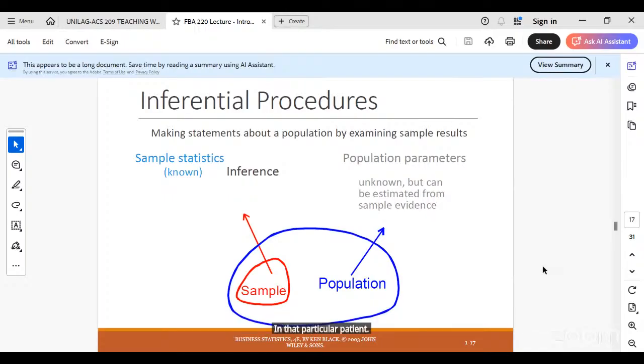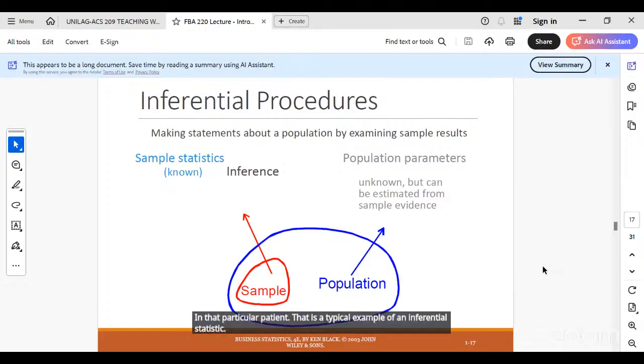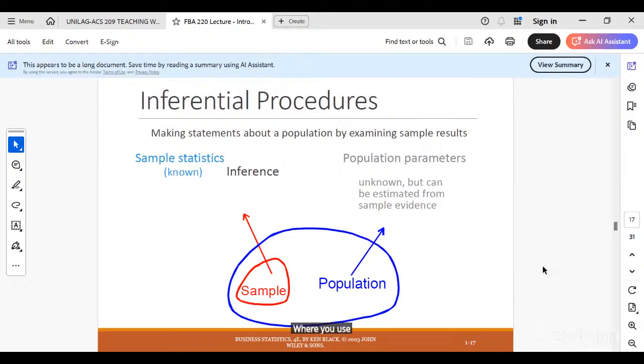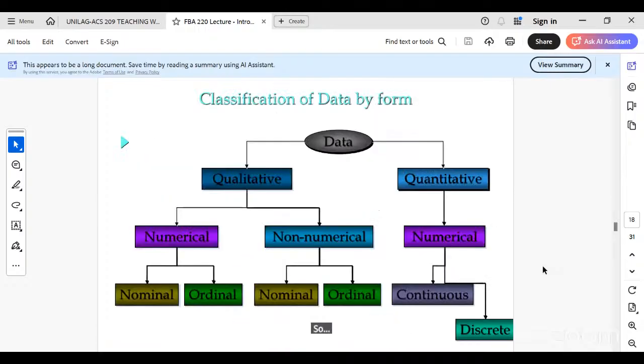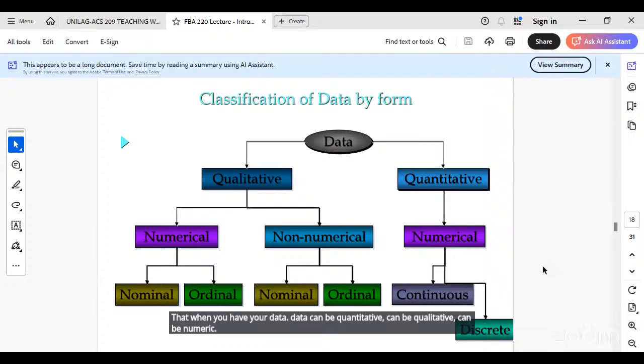That is a typical example of inferential statistics: when you use a small part to generalize on the whole, then you have inferential statistics. Okay, and this explains everything that was discussed last week, that when you have your data, the data can be quantitative, can be qualitative, can be numeric, non-numeric.